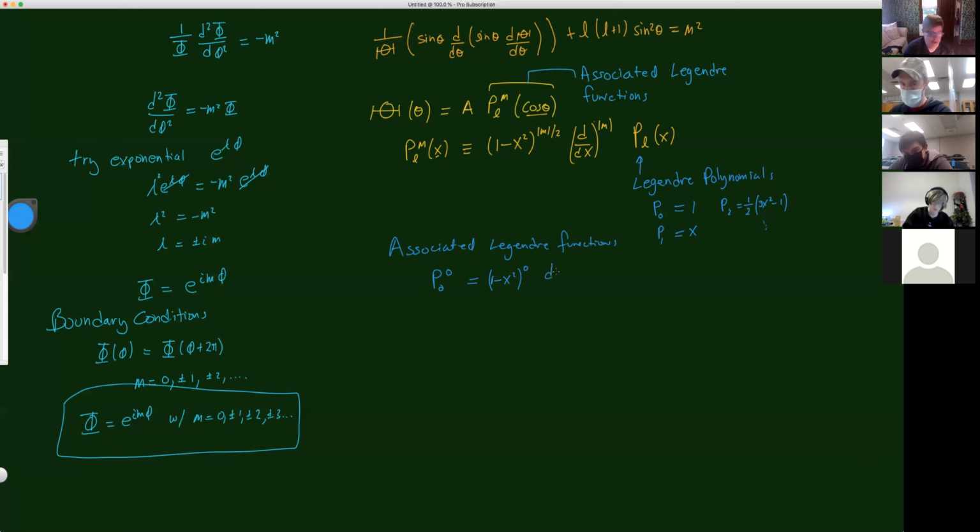And then the 0th derivative, which is just the function itself, of P0. All right, well, that just gives us 1, doesn't it? Because the 0th derivative just gives you the function back, and this is just 1. Okay, so that's P00.